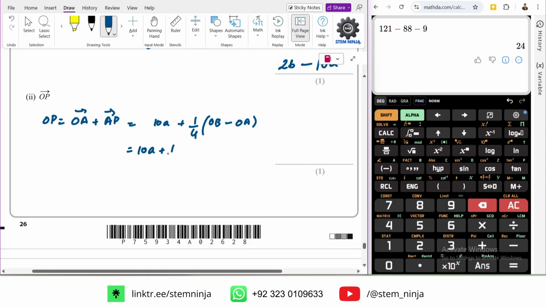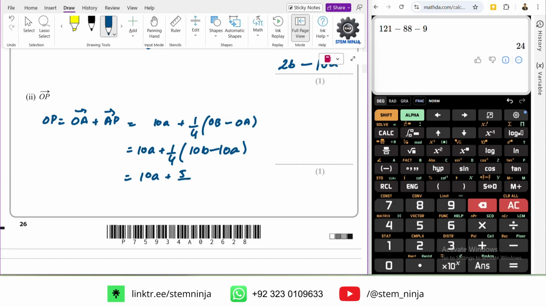So 10a plus 1/4 of 10b minus 10a. Right, so 10a plus 5 over 2 b minus 5 over 2 a.